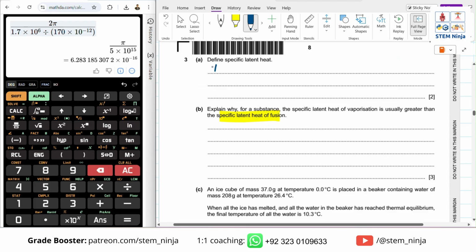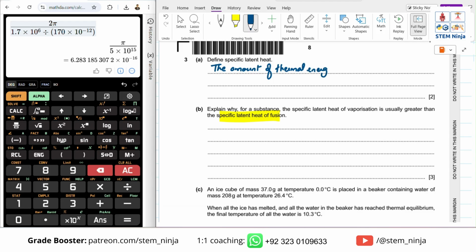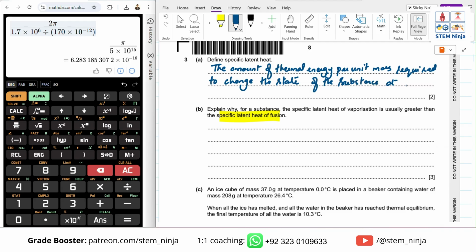So this is going to be the amount of thermal energy or heat required, thermal energy per unit mass, required to change the state of the substance at constant temperature.